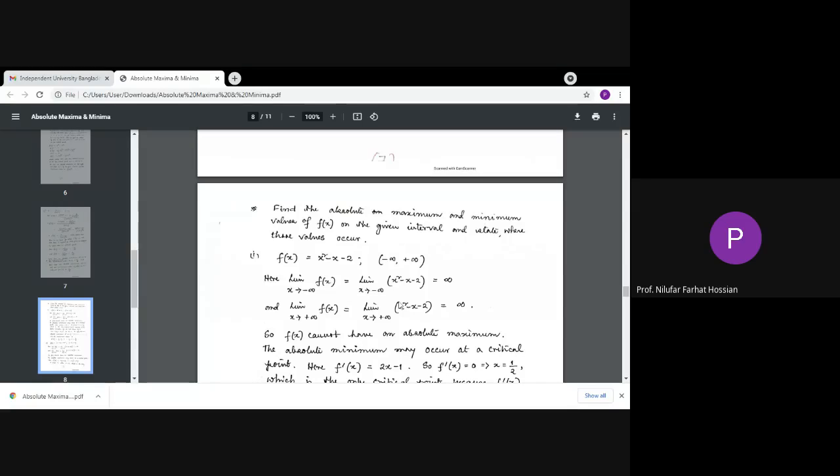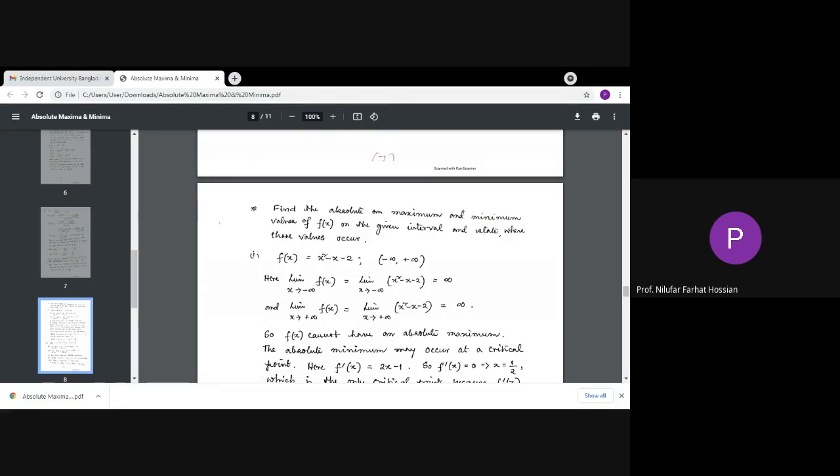And check the case when x tends towards positive infinity. Here again the same thing, because for +infinity whole square it is +infinity, -infinity, -2. Infinity square will definitely be greater than these two. So again positive infinity.